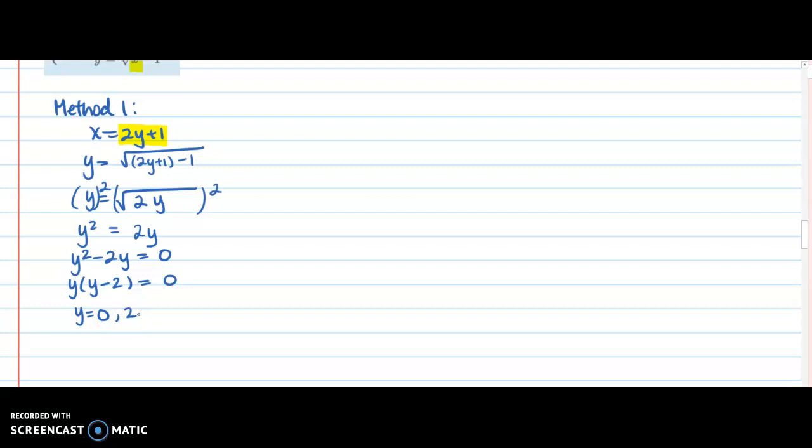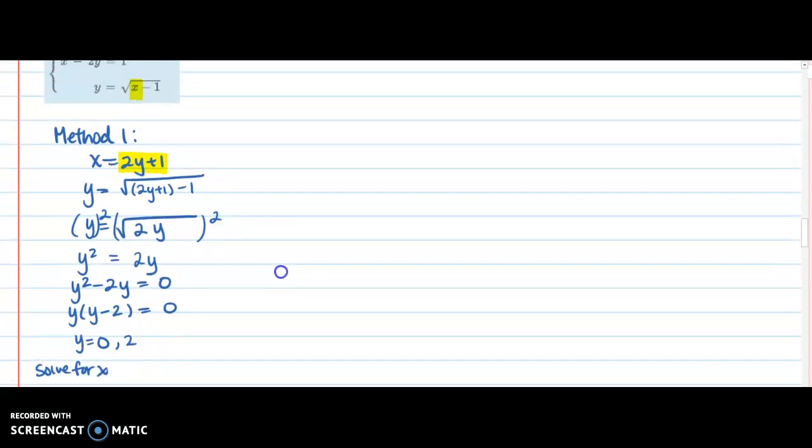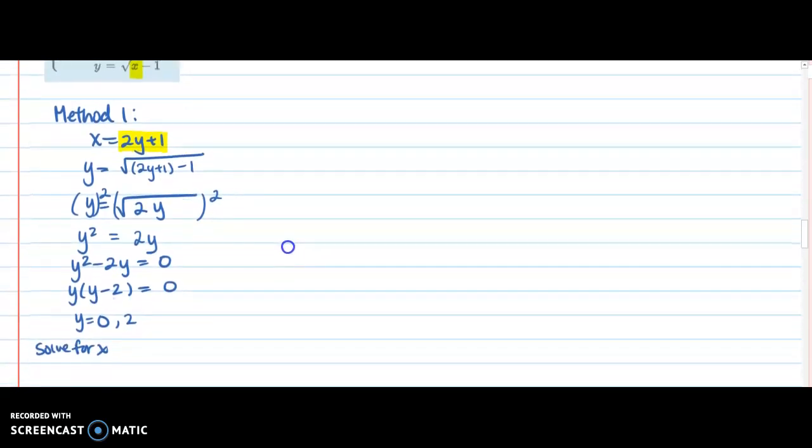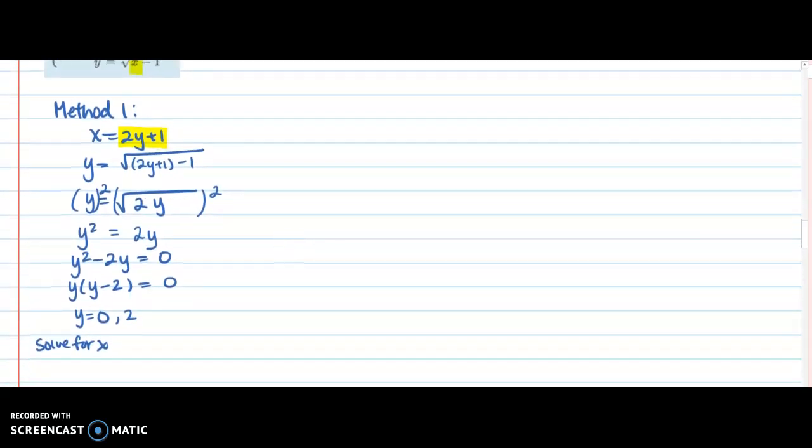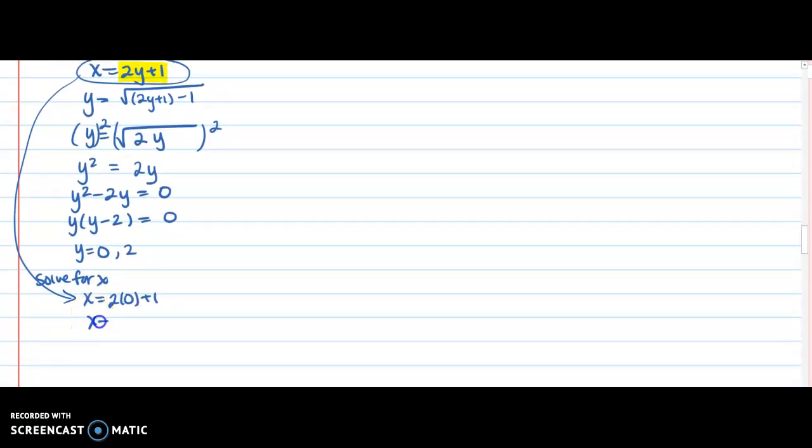Now we still need to find x. And to solve for x, the first equation is easier to sub into for y. So I already have this equation right here. I'm going to take that and sub in 0 for y, which will give me x equals 1.